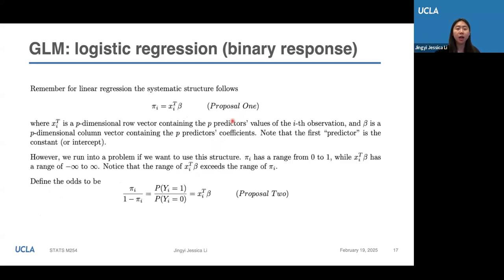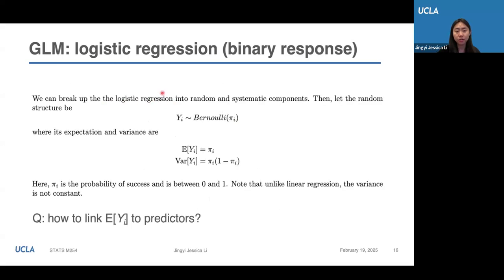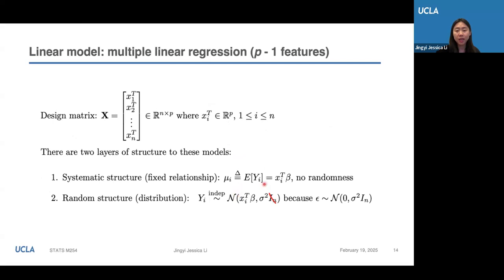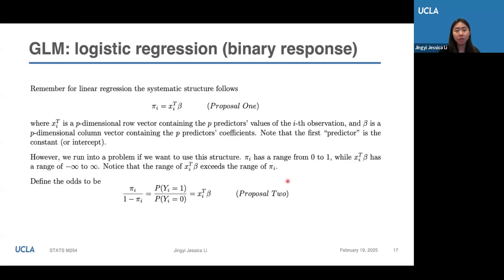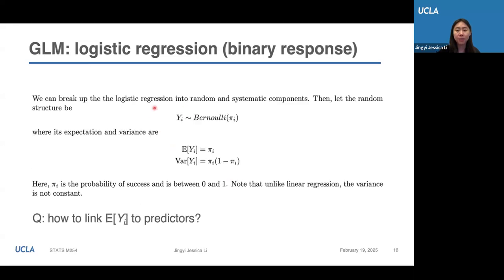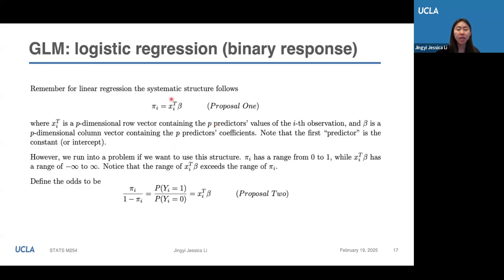Okay, so recall that for the linear regression's systematic structure, which is what we use here, mu I equals xi transpose beta, we can continue using it. We can assume that pi I, the mean of yi, is just a linear function of the features. But it doesn't make much sense since on the left-hand side, pi I must be between 0 and 1.